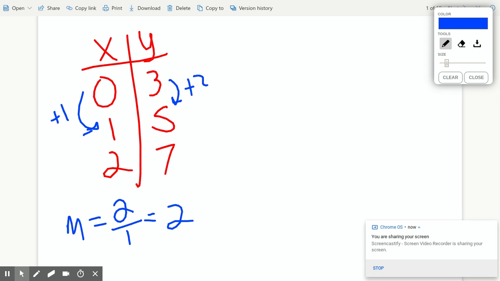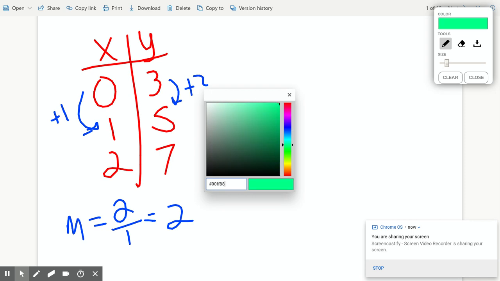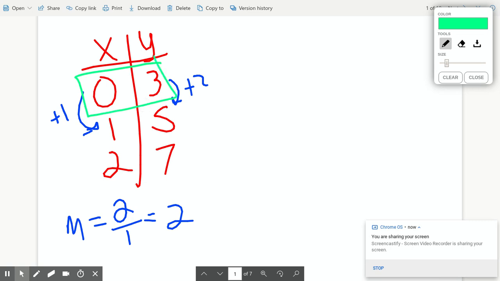Now to determine where I start is whatever's next to the 0 as an x. Okay, if the y is 0, that's different. That's a y-intercept. But in this case, this is where I start. It's at 0, 3. Okay, so my b would be 3.